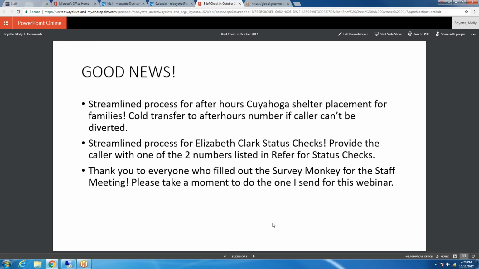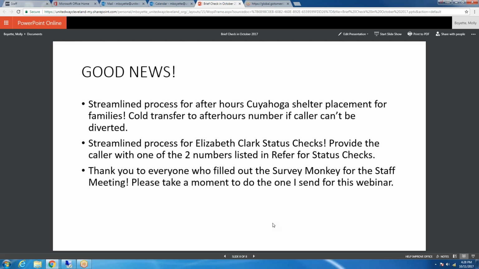We now have a streamlined process for all after-hours Cuyahoga County shelter placement for families. Hooray! Instead of taking a million years to get a family placed on a weekend, all we are doing is a cold transfer to the after-hours number that is in refer if we're not able to divert the client in any other way.